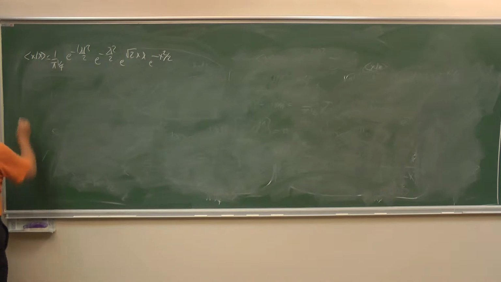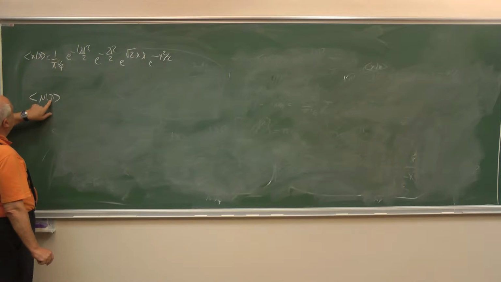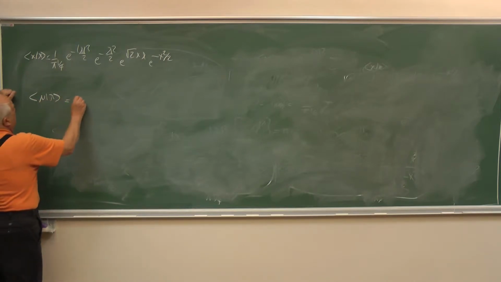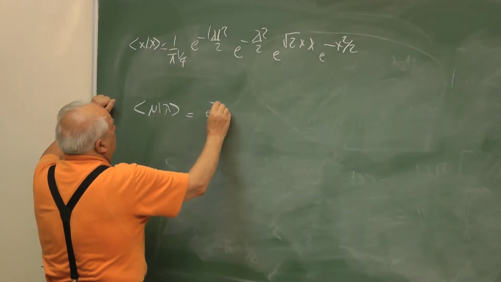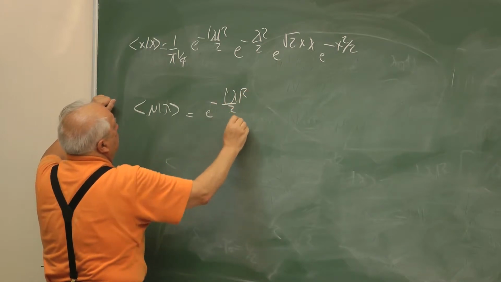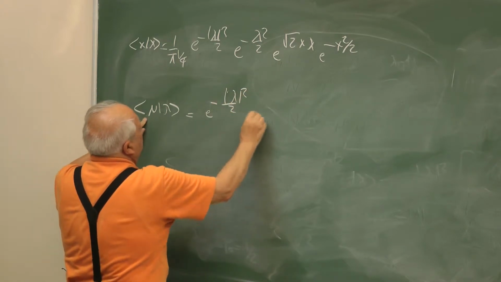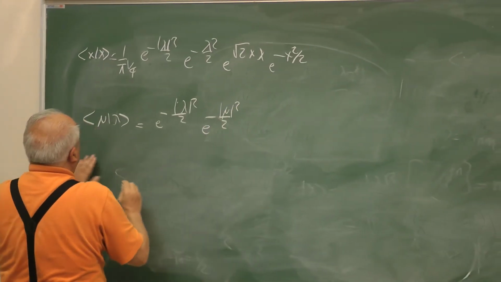Now, mu lambda. This has e to the minus lambda absolute square over 2 from the normalization, and this has e to the minus mu absolute square over 2. So it is e to the minus lambda square over 2, and from here, e to the minus mu square over 2.